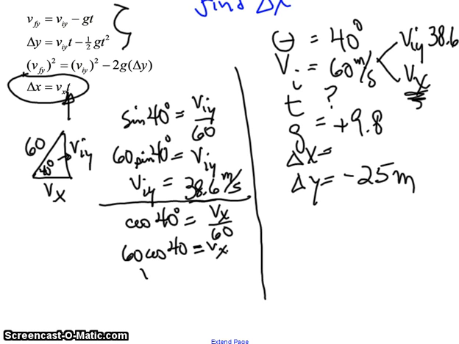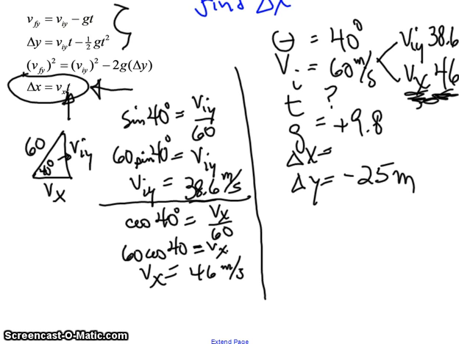And so Vx equals, and let's try that out, 60 cosine 40 is, well, I'm going to round it off to 46 meters per second. It's 45.96. 46 meters per second. So we know this is 46. So we do have quite a bit of information now. We can't solve for this until we know the time. We do have Vx, but we do need to know the time.